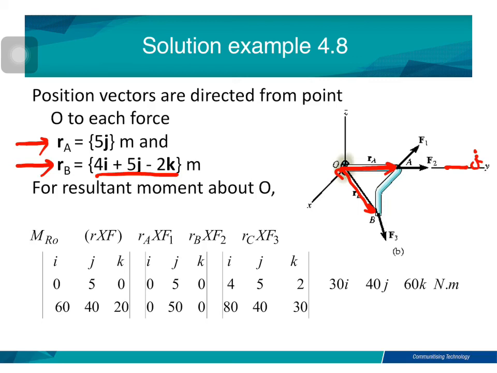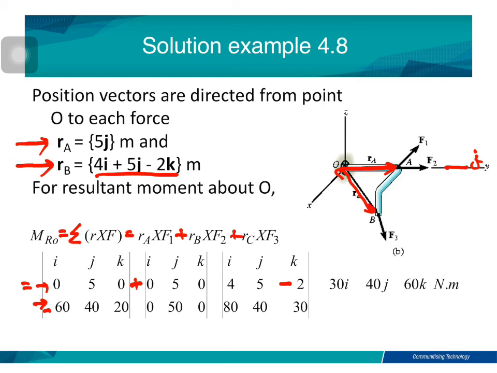As usual, the moment resultant is equal to the summation of this one plus this one. So you can write it into determinant. This is the ROA, and then this is the force. Here is negative, so this is plus, and then this one is 4, negative 2.